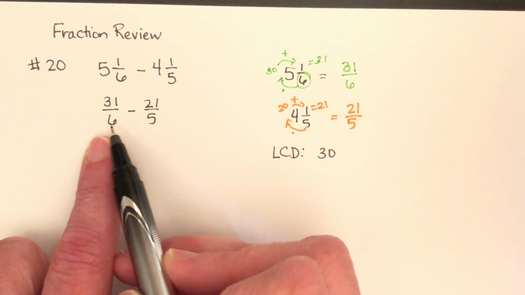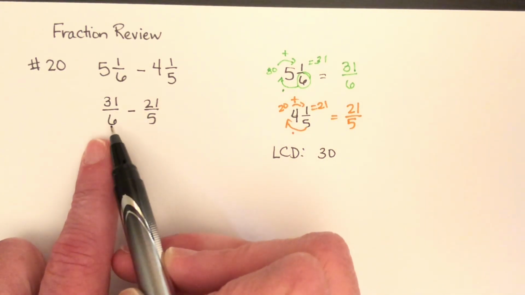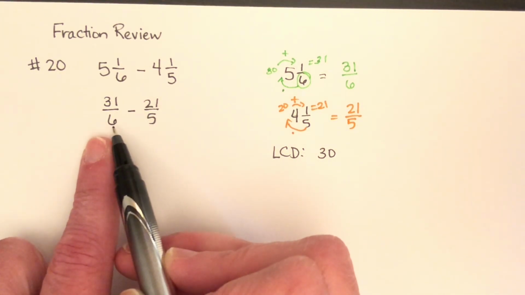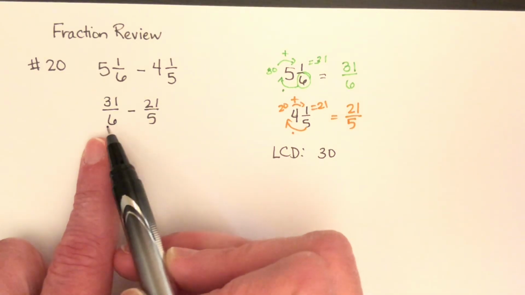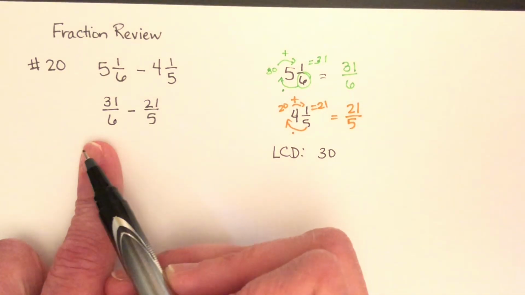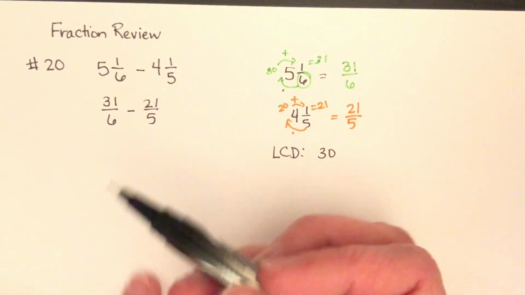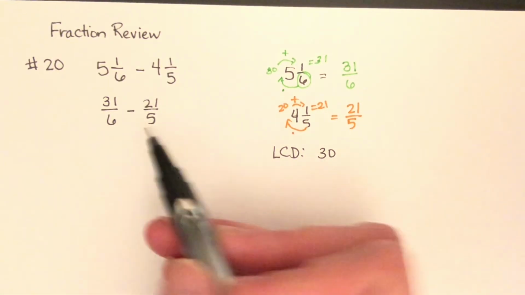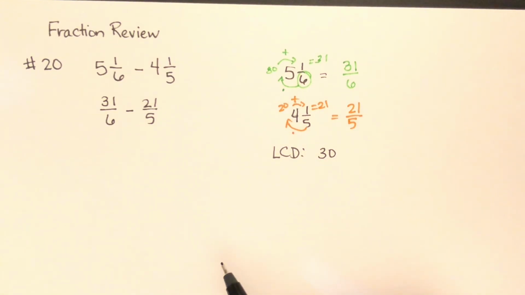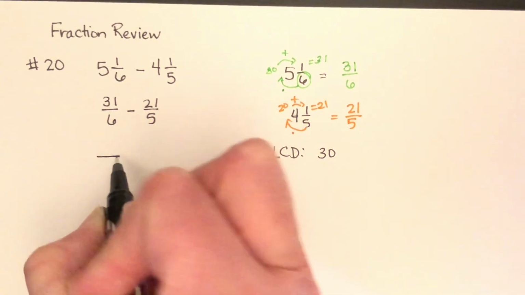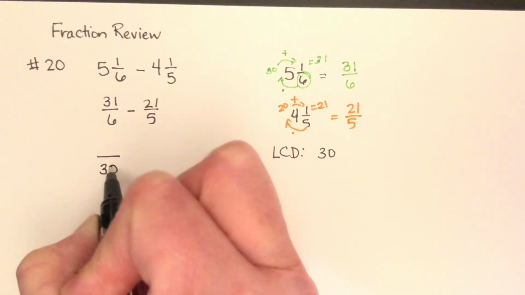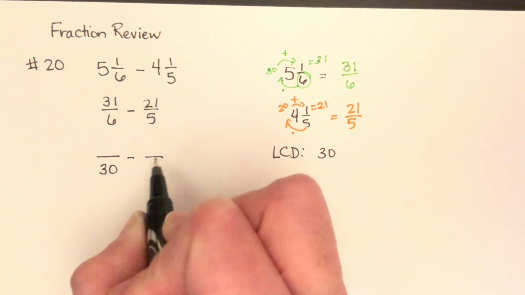But you can also take your larger number and ask, does 5 divide into 6 evenly? No. 6 times 2 is 12. Does 5 divide into 12 evenly? No. 6 times 3 is 18, and no, you'll get no and no and no until you do 6 times 5, which does give you 30. So I want to rewrite each of these fractions as something over 30.